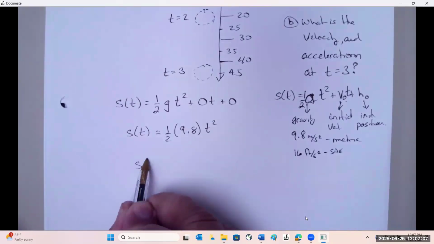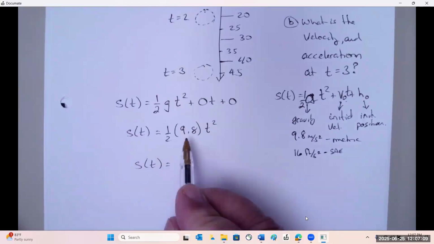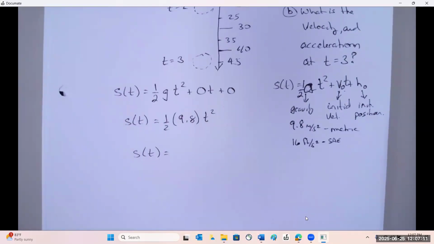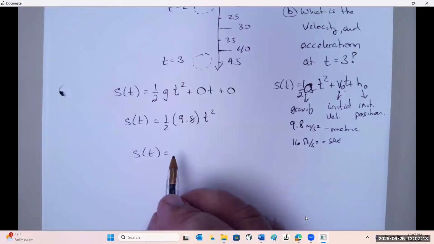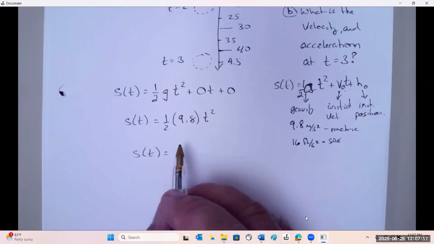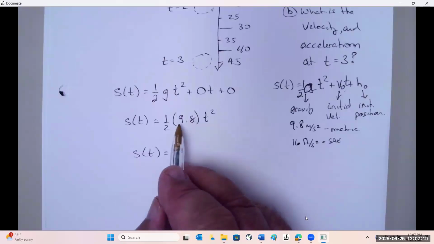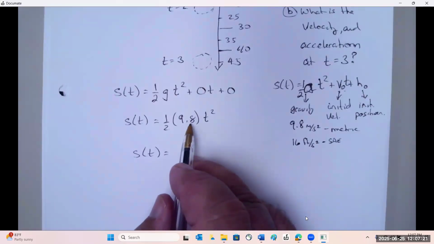So our position function, what's half of 9.8? If it was 10, it'd be what? It'd be 5, right? But we lose 2 points.